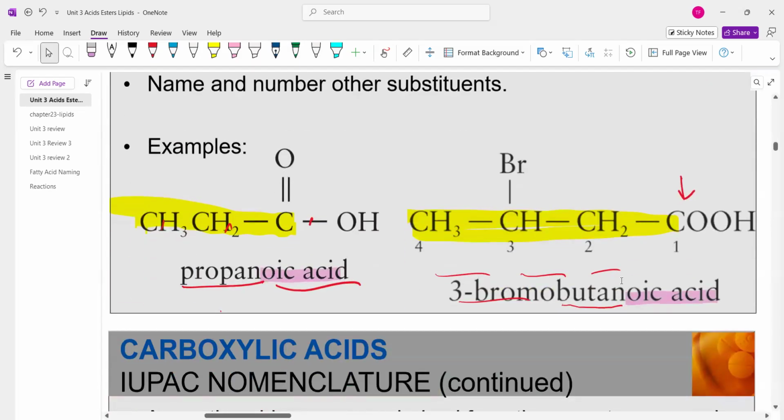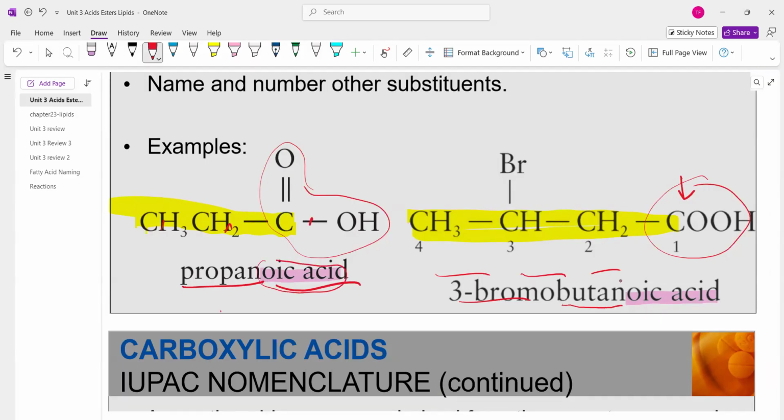All right. The IUPAC way of naming organic acids is just like before. We identify the longest chain containing the functional group, and that includes the carbon that's got the carbonyl and OH attached to it. Then the second thing is you look at the functional group, and for acids, it's going to be oic acid.